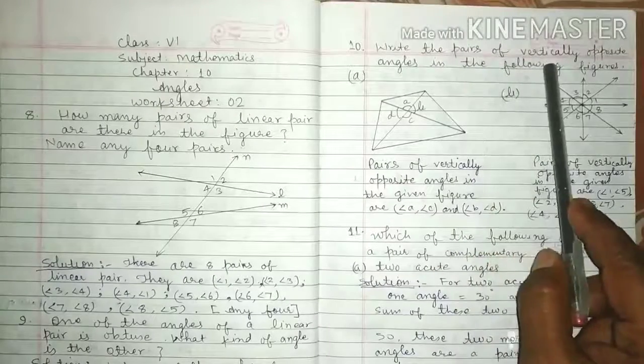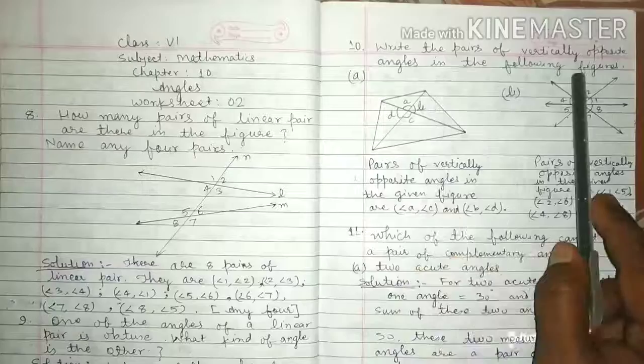Question number 10. Write the pairs of vertically opposite angles in the following figures.